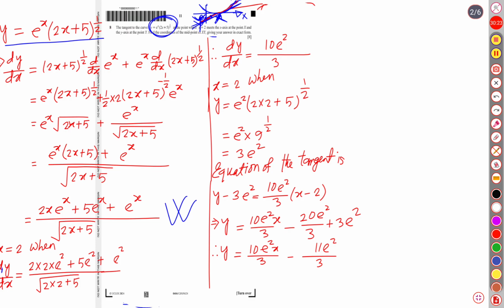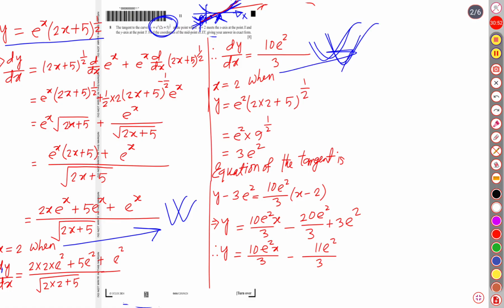Then they have told us when x is equal to 2, because the tangent touches the curve when x equal to 2. That's why we have substituted x equal to 2, and we have got the derivative, which is this. When the derivative is this, x is 2, which is known to us.